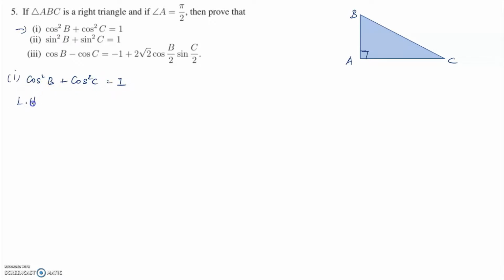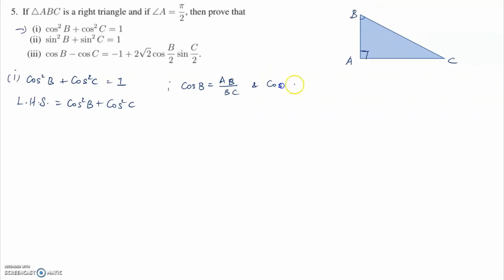So let's take the left hand side, which is equal to cos squared B plus cos squared C. Now we can say, from the right angle triangle, cos B, this angle B here, is the adjacent side, which is AB, divided by the hypotenuse, which is BC.